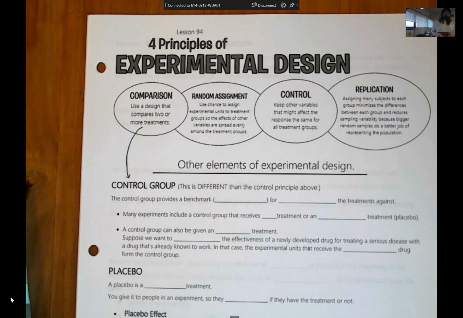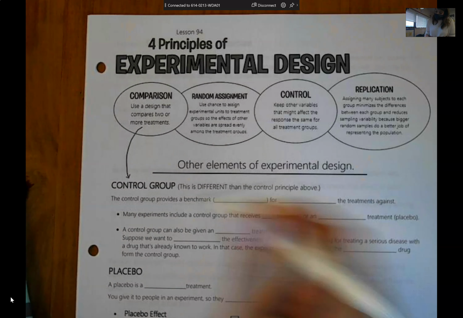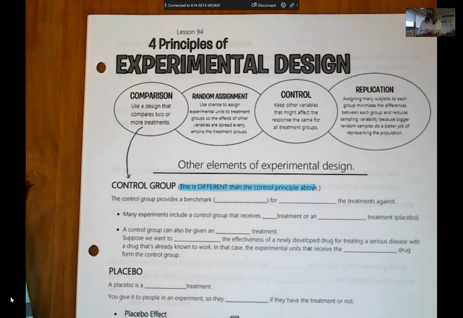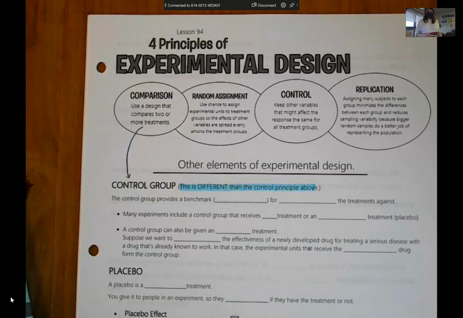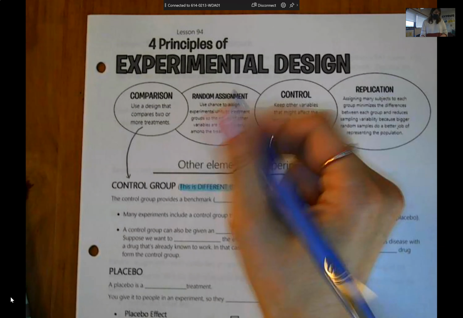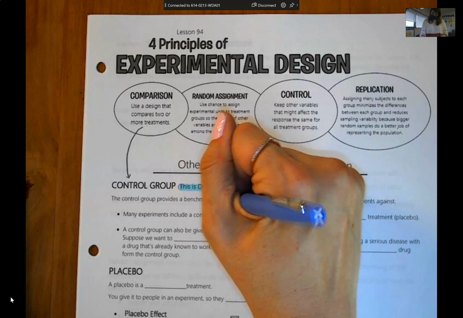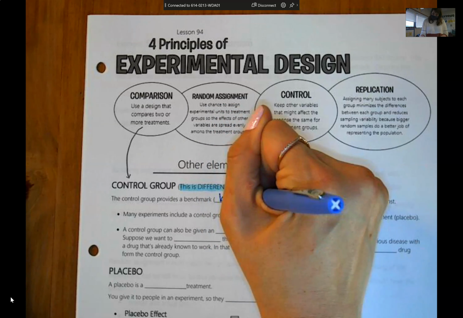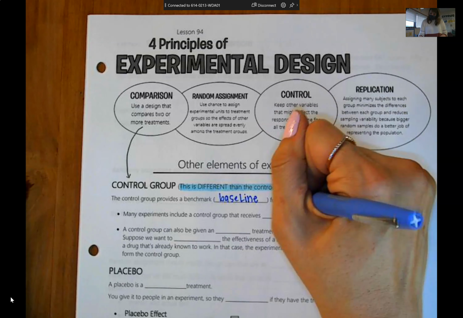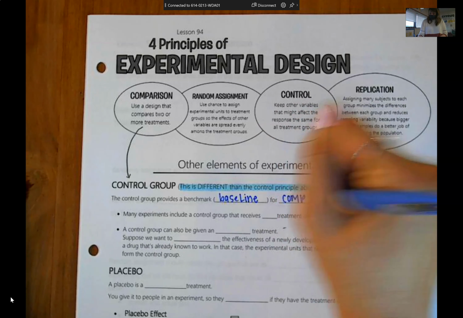This is different than the control principle. A control group is different than the control principle. So a control group provides a benchmark or a baseline for comparing the treatments against.